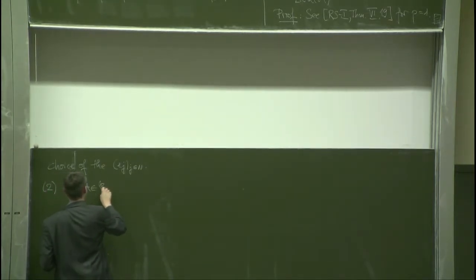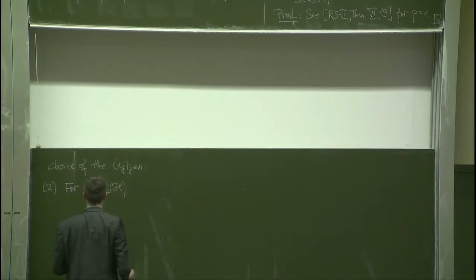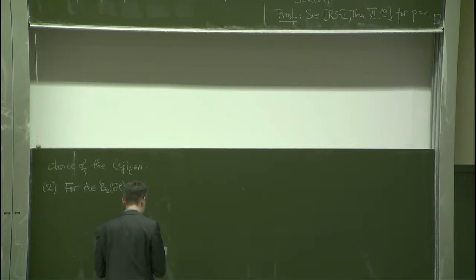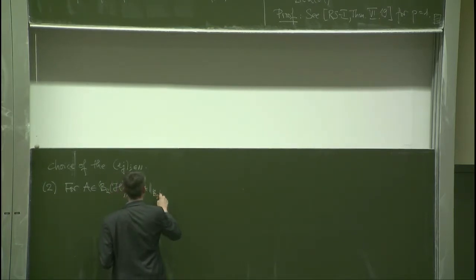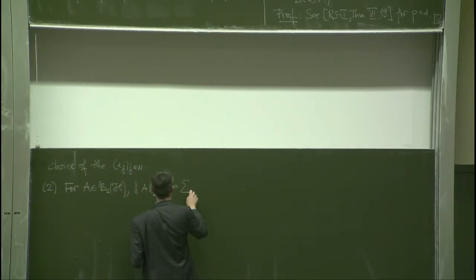Property number 2: for A in the Hilbert-Schmidt class, so for A in B2 of H, I claim that this sum here is precisely the B2 norm of A. So we claim for A in B2 of H, we have that the B2 norm of A to the power of 2 is nothing but the sum that we had in step 1.